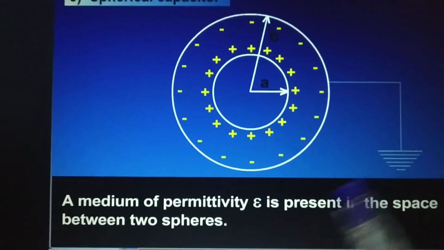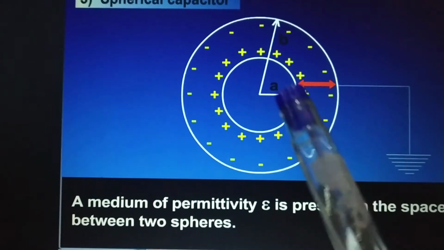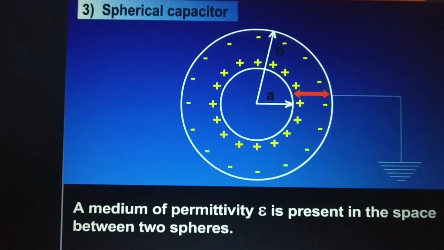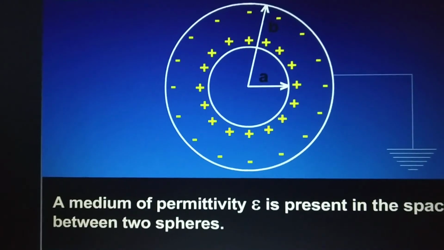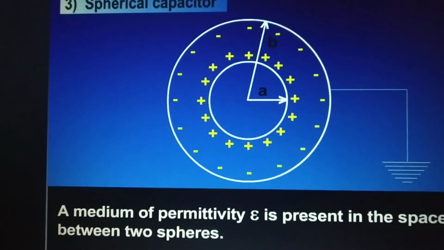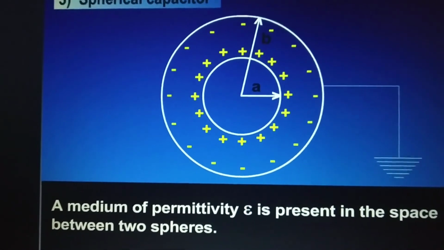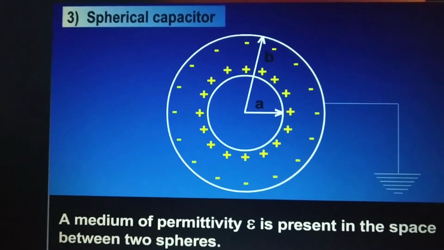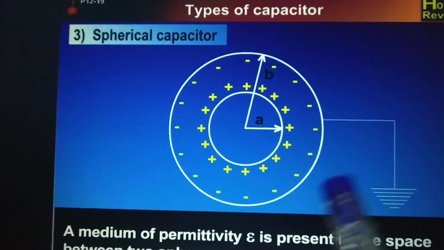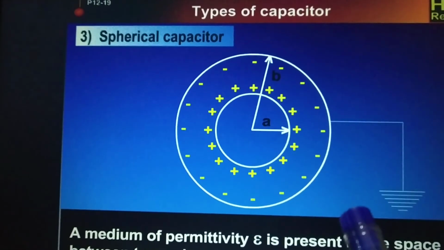A medium of permittivity epsilon is present in the space between the two spheres. For parallel, cylindrical or spherical, in all these types of capacitor, a medium of permittivity epsilon is present in the space between the conductors. So we understand the types of capacitors: three types, parallel, cylindrical, and spherical.